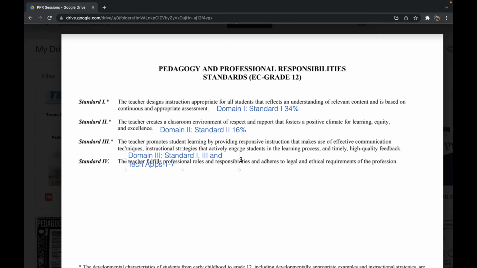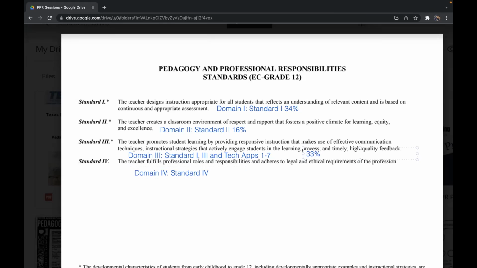I bet I'll make this big. Domain 4 is standard 4. And I forgot to tell you, domain 3 is 33% of the exam.